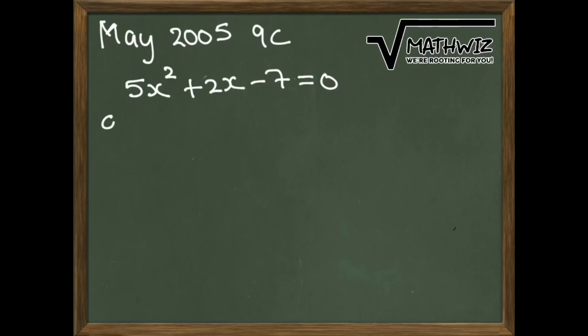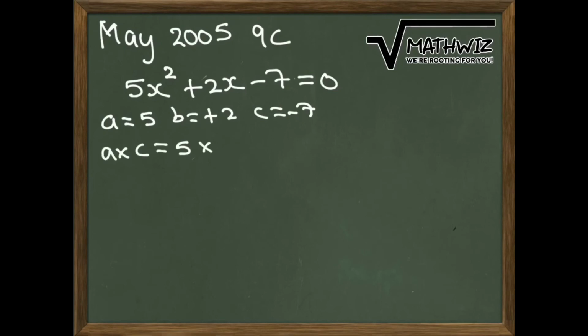Right, so of course you want to say A is 5, B is 2, C is -7. So A times C is 5 times -7, which is minus 35. The pair that when you multiply them, you get minus 35, but when you add them, you get 2 is going to be minus 5 and 7.